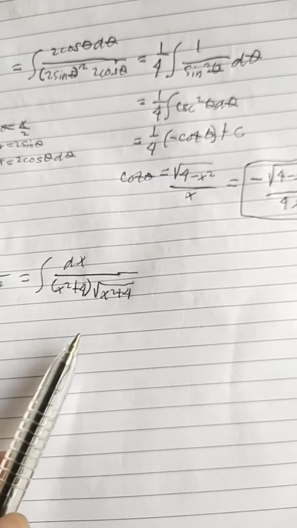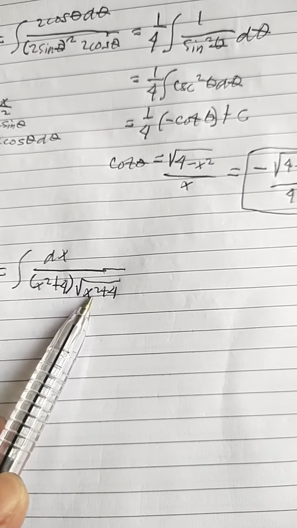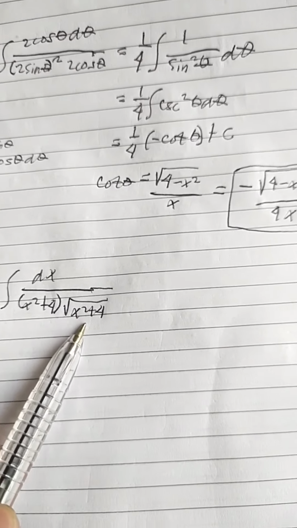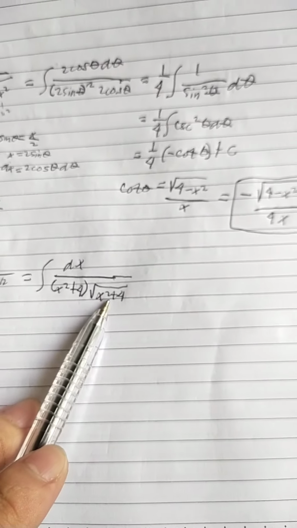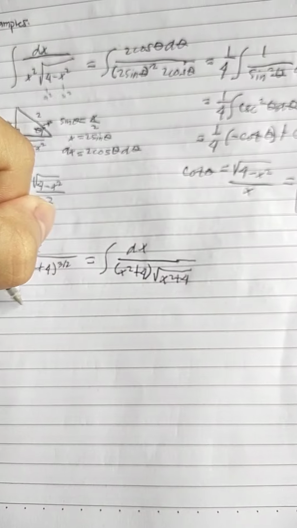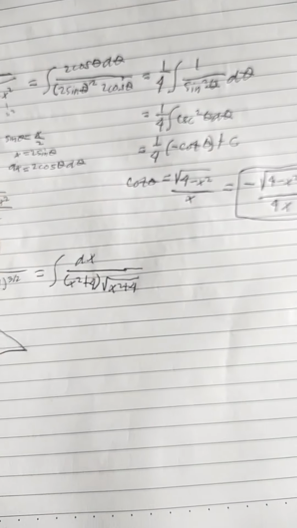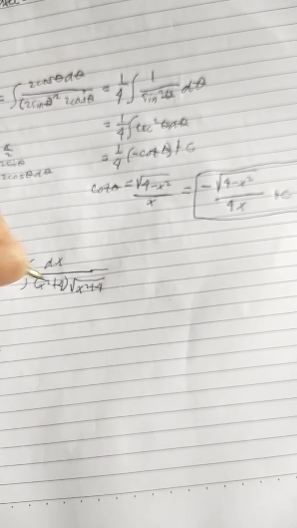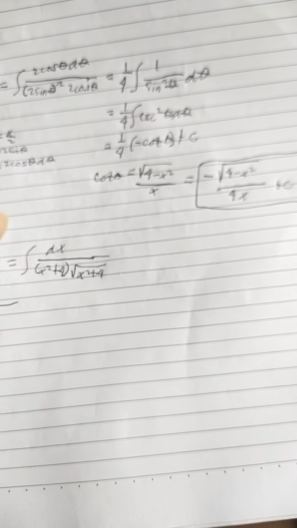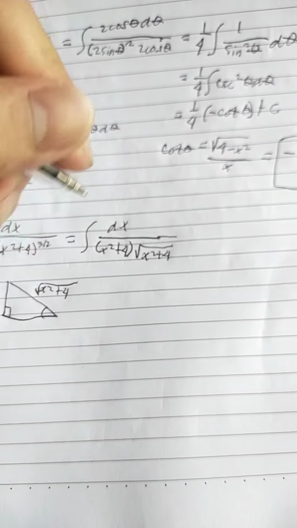Now, if this is a plus sign, we know that this is the hypotenuse. So we will draw our right triangle. This is our hypotenuse, the square root of x squared plus 4.